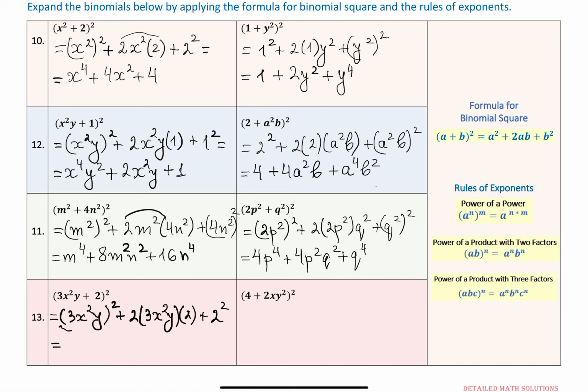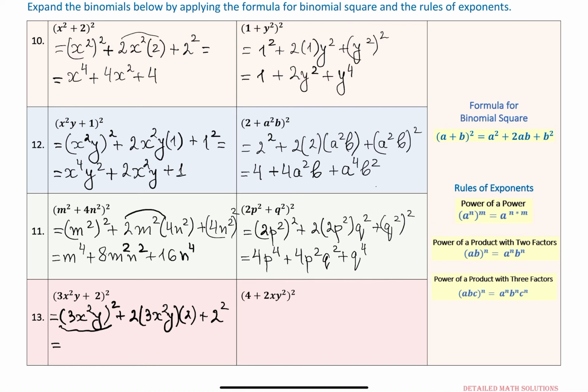Now the first factor, (3x²y)², we can simplify further by using the rule of exponent for power of a product with three factors and distribute the square to each factor, 3, x² and y.